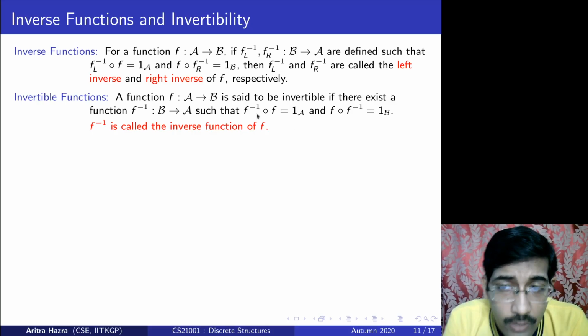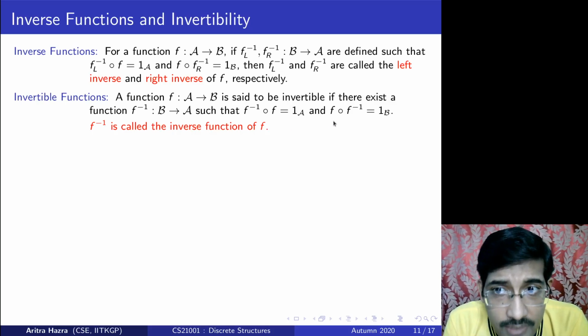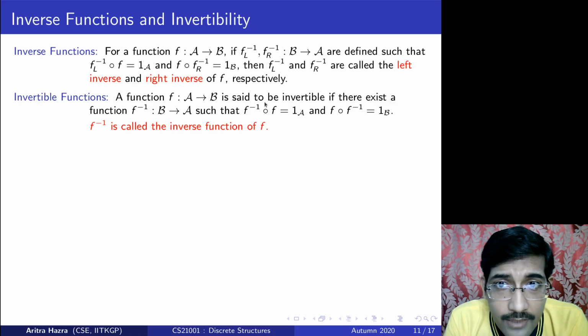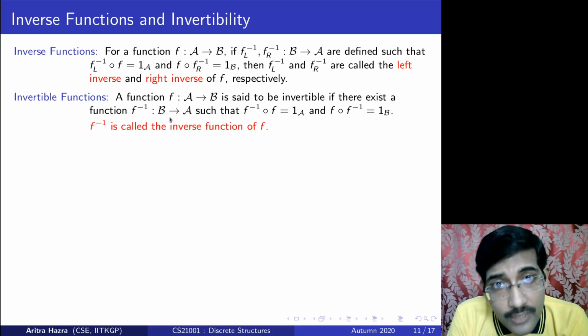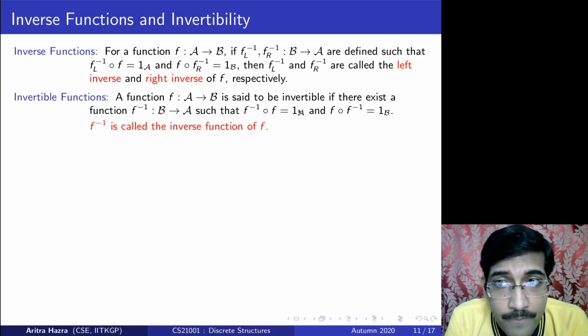Now a question to ponder, which I will address a little afterwards: I am saying that a function is invertible if there exists one such function where the left inverse and the right inverse are the same and produce identity.